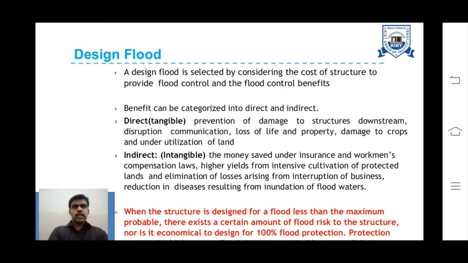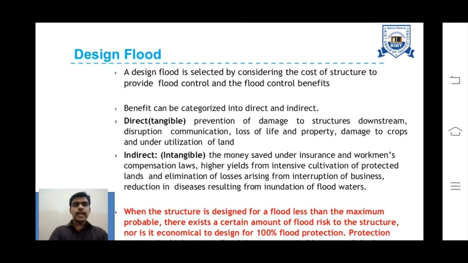In this slide, the design flood overview considers the cost of the structure to provide flood control and the flood control benefits, and how they are categorized as direct as well as indirect. At the direct level: prevention of damage to structures downstream, disruption of communication, loss of life, property, damage to crops and underutilization of the land.